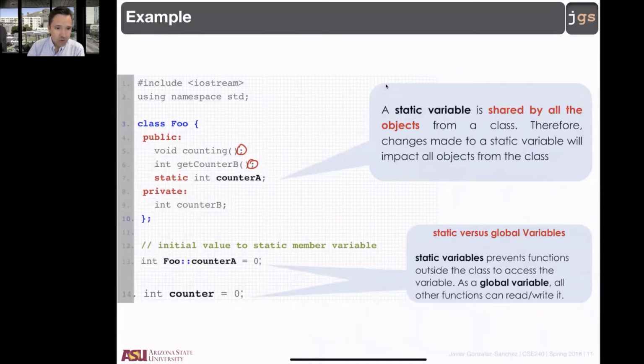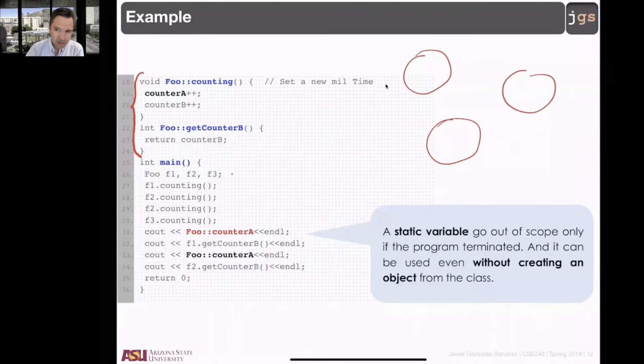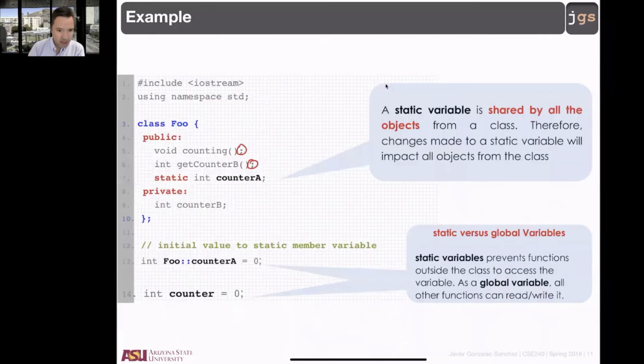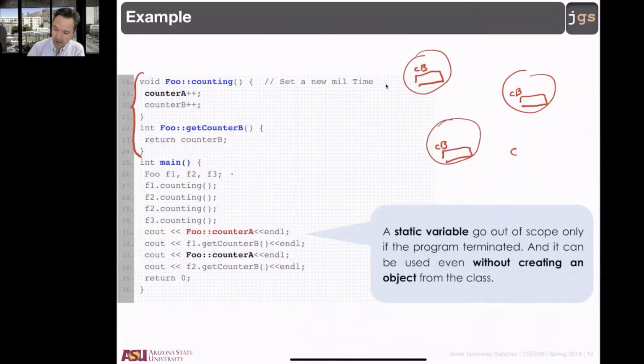Three objects from my class Foo. My class Foo has this counter B private. So this one has a counter B variable, this one has a counter B variable, and this one has a counter B variable. They are private, they are in the objects, they are there. Also, I have this counter A. Counter A is static and therefore is something that this object can use, this object can use, this object can use.